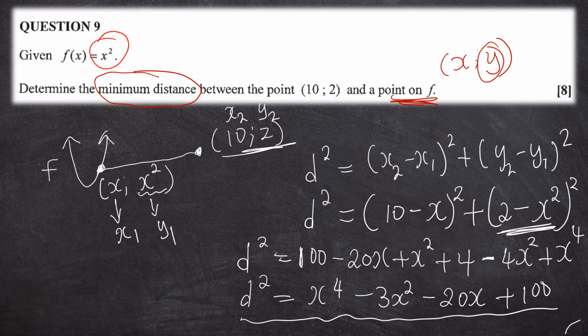And someone might be wondering, why when we want to minimize something or maximize something, do we have to derivate? Okay, recall from your cubic function, how do you get the maximum turning points? How do you get the minimum turning points? What you do is you find the derivative of that function. Maybe you are given g of x, you get the derivative of that and equate it to 0.